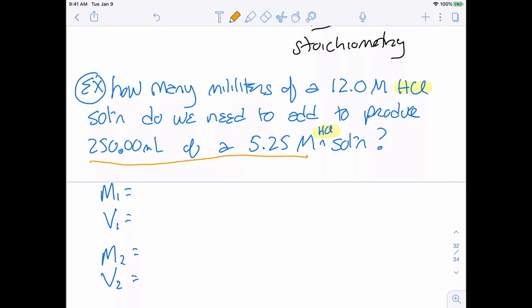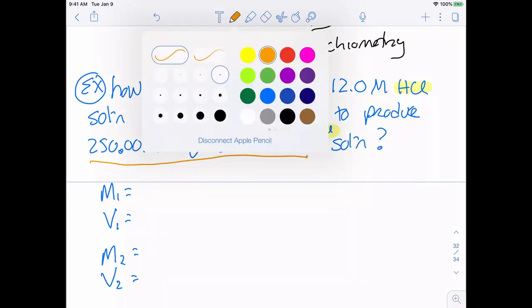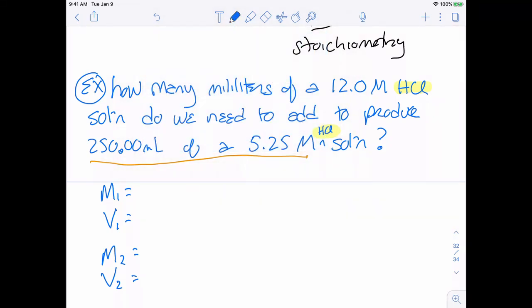So long as I keep those together, it doesn't matter if I make them the ones or the twos, it only matters that I keep them together. If I make the 250 milliliters volume 1 and the 5.25 molar solution molarity 2, then I'm going to get it wrong. So just make sure you keep the volume and the concentration that go together.